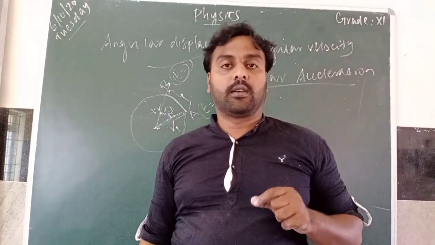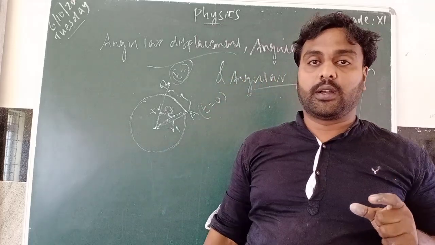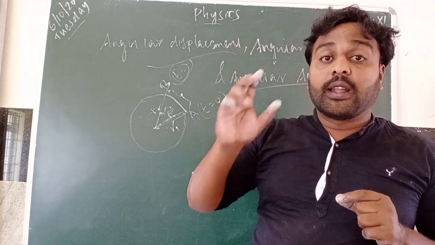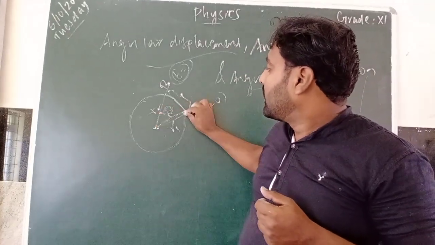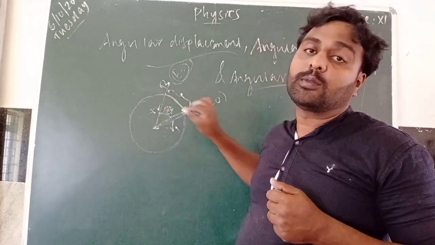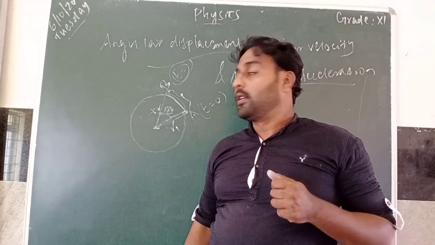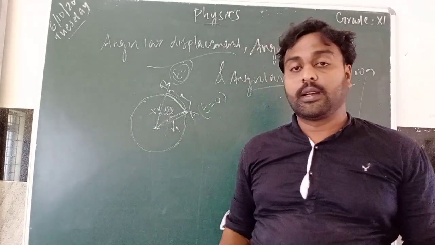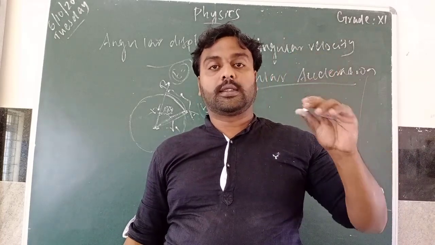We are saying it is angular displacement. You can see the definition: the angle described by the particle. So this is a particle, no? Here one angle is produced due to this displacement. That is angular displacement. So the angle described by the particle about the axis of rotation.